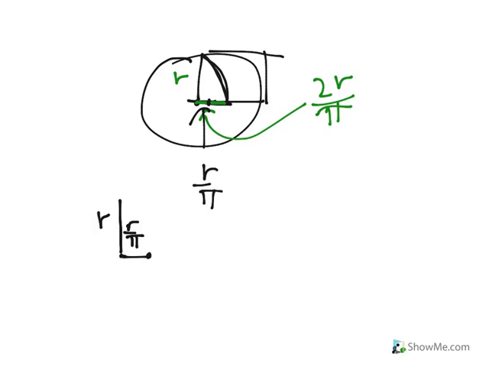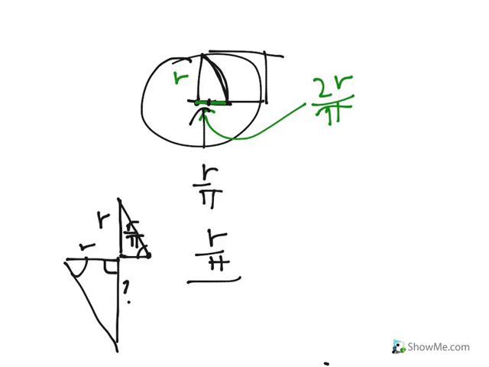So if that line segment is r over pi, I make a perpendicular side equal to r, and then I make another r over here, and I connect this, and I make a big parallel line. These triangles are similar triangles, so I can say that the short side over the bigger leg is equal to the short leg over the bigger leg.